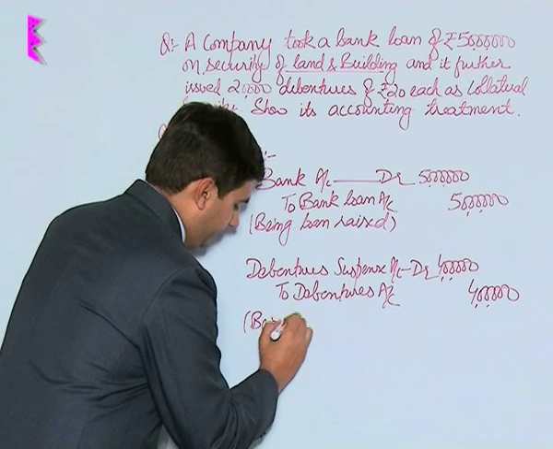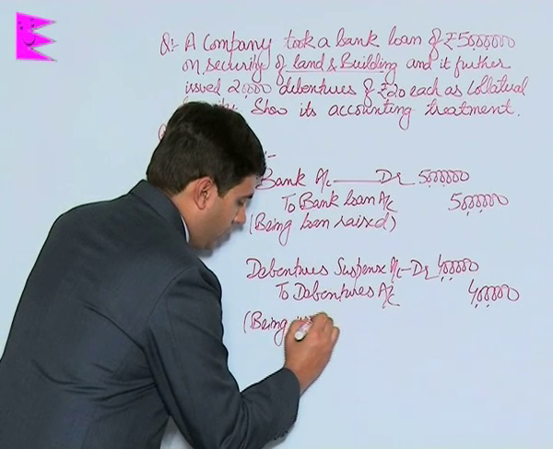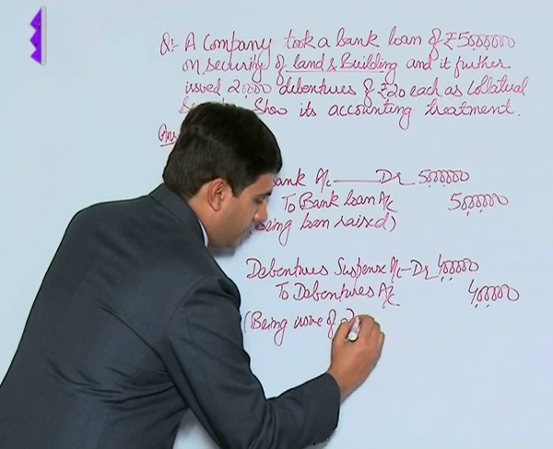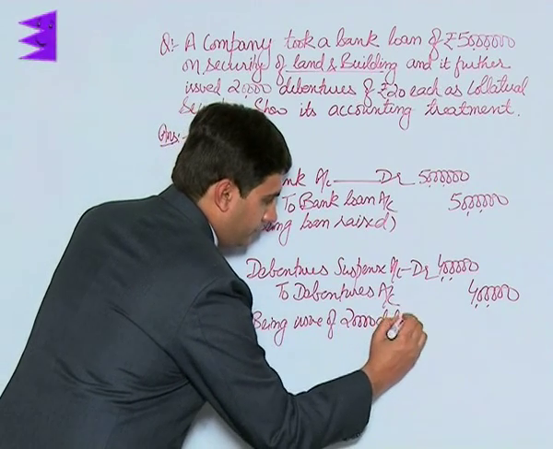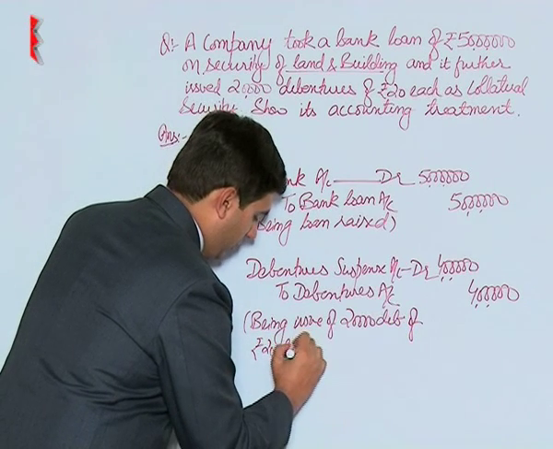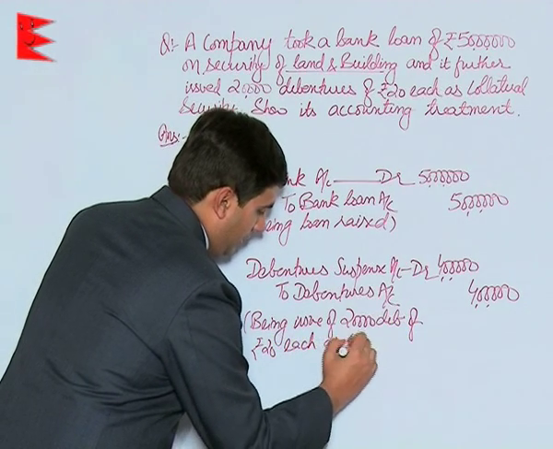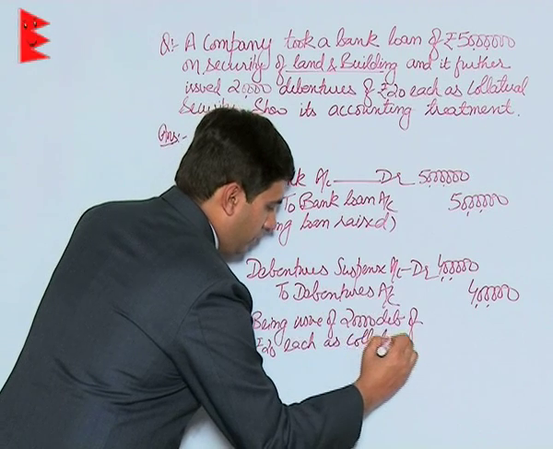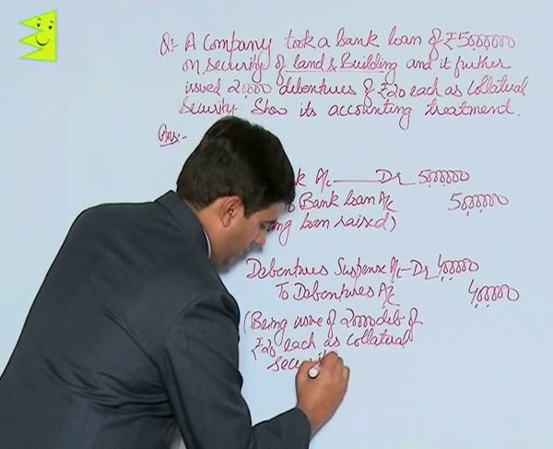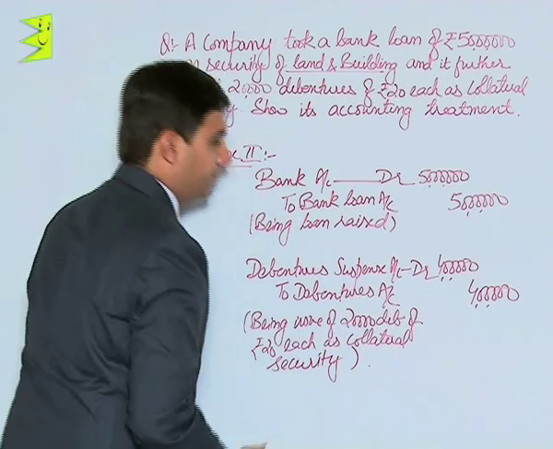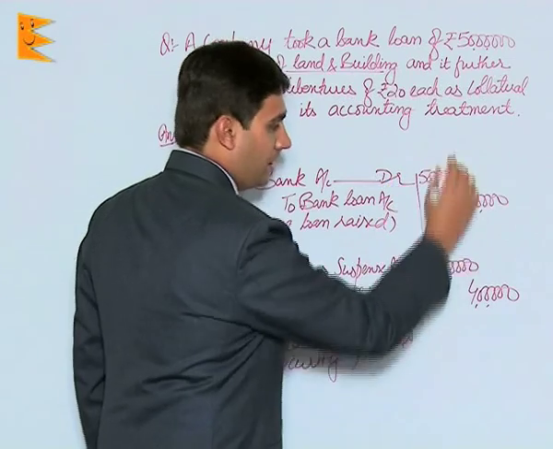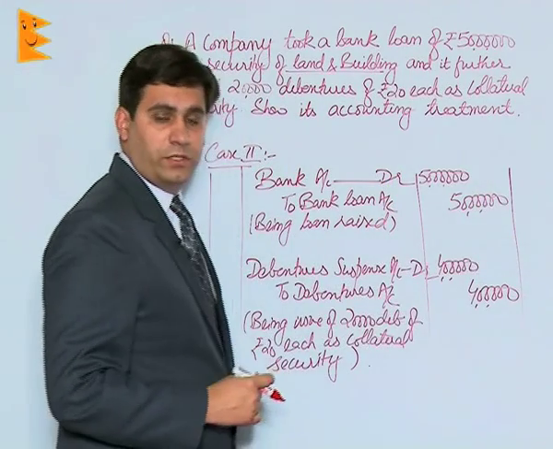Being issue of 20,000 debentures of rupees 20 each as collateral security. Remember students, it always has to be done in proper format of journal.